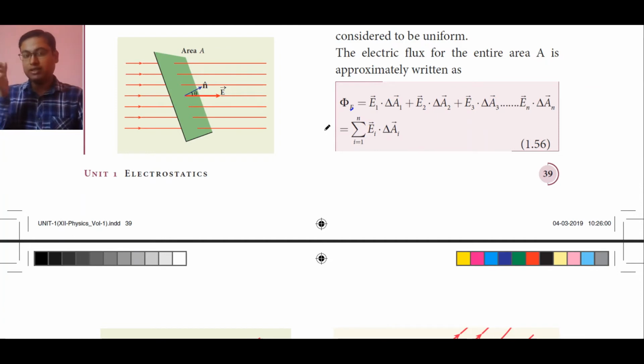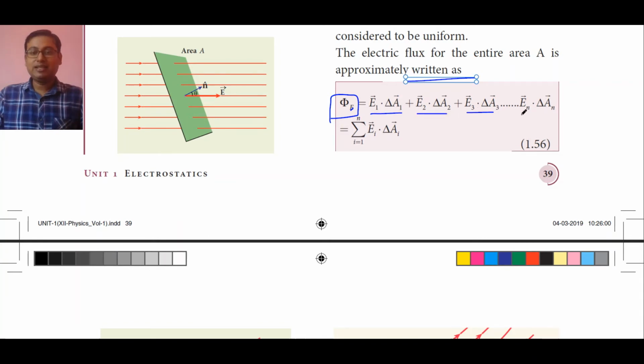So the total electric flux through the given curved surface is approximately written as psi E equals E1 dot del A1 plus E2 dot del A2 plus E3 dot del A3 up to En dot del An, where del A1, del A2, del A3 up to del An are the small area elements. The vector sign denotes that the area is taken in such a way that it defines the direction perpendicular to the surface of the region, and E1, E2, E3 are the electric fields.